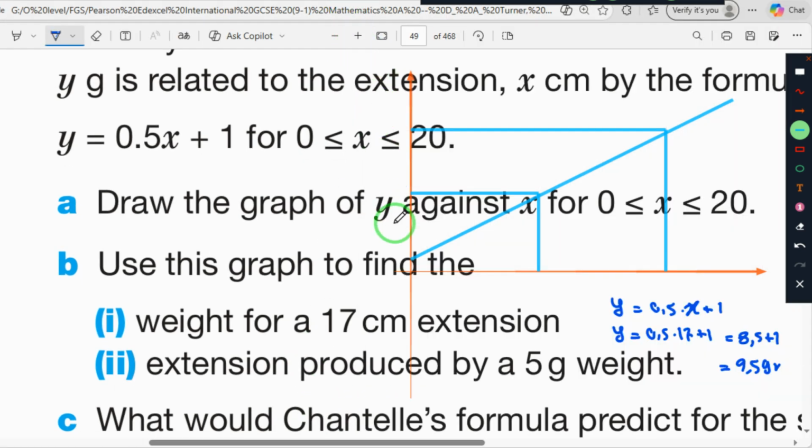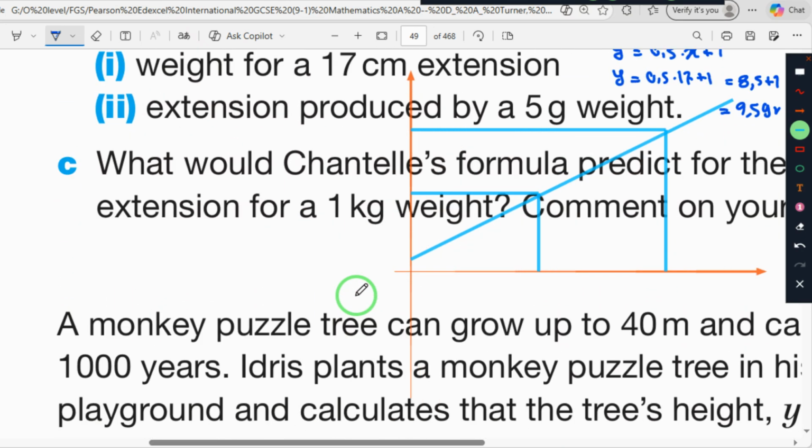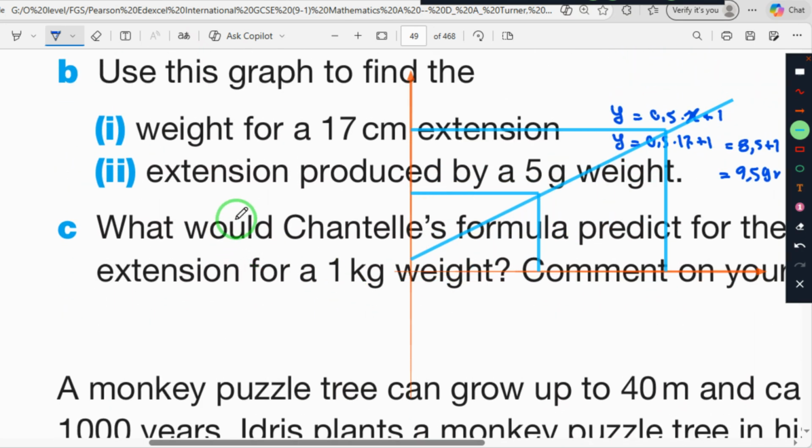And we calculate part B, and part B said that the extension produced by 5 gram. Here we have y is equal to 0.5x plus 1, and instead of y we put 5 gram, 5 equal to 0.5x plus 1. We solve this equation.